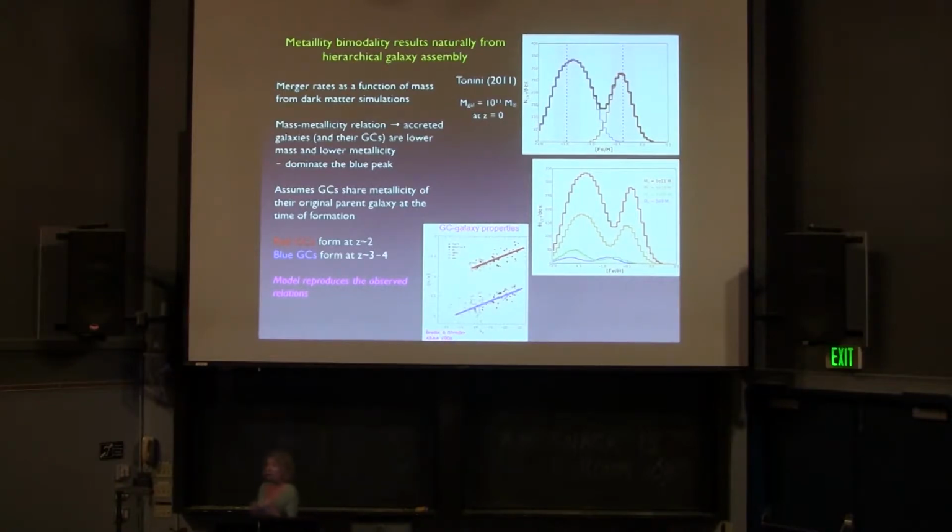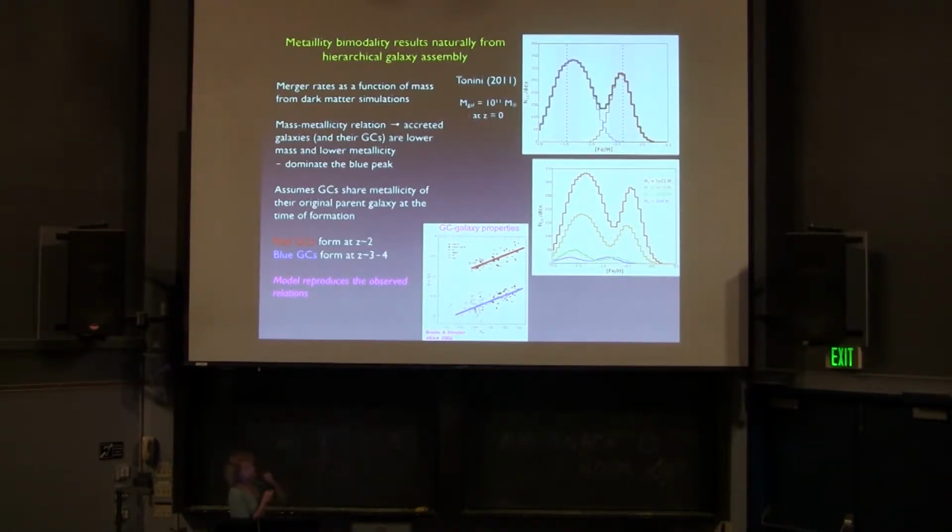So when you have a paradigm of accretion onto a host galaxy, the accreted galaxies and their globular clusters are going to be of lower metallicity, and so they systematically populate the blue peak of the bimodal distribution.